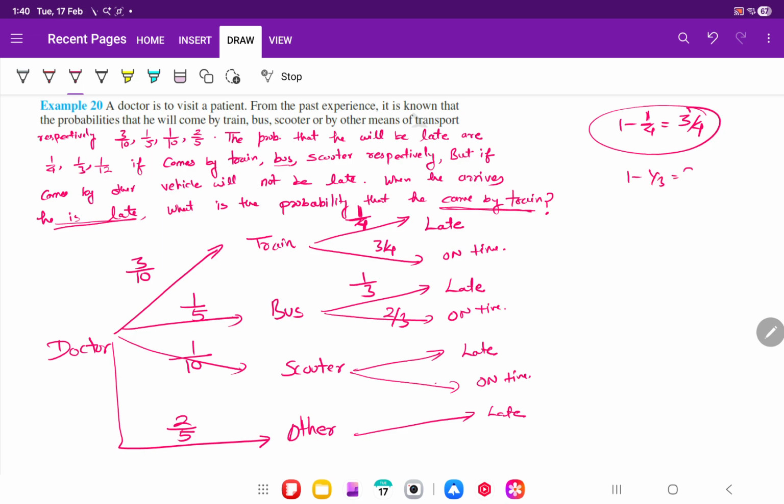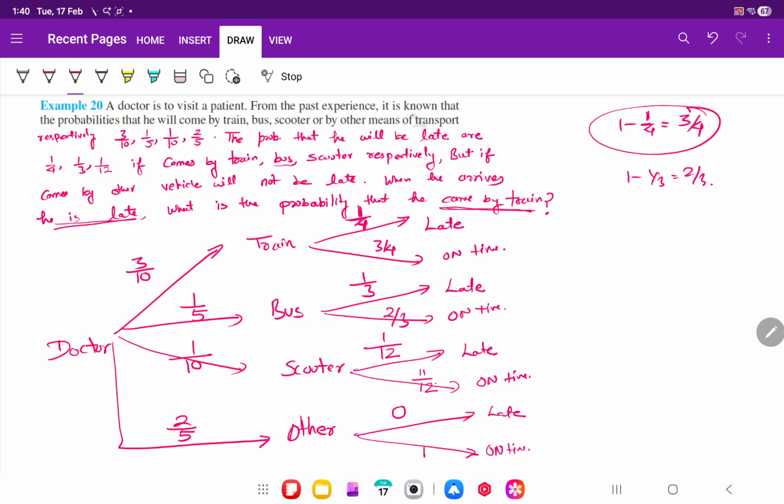Then by scooter the probability is 1 by 12, so on time will be 11 by 12. By other method, he is not late at all. Zero probability, so on time probability will be 1.